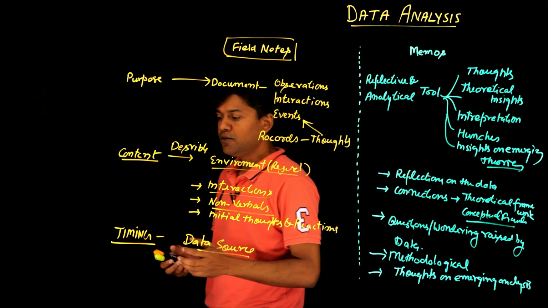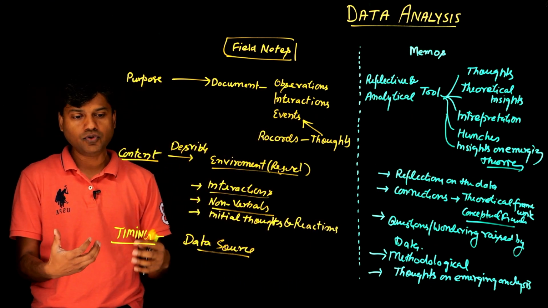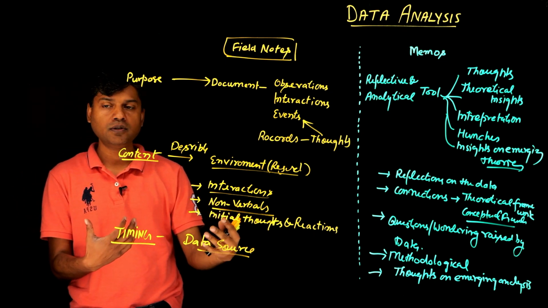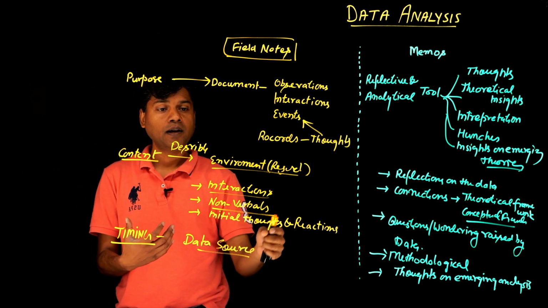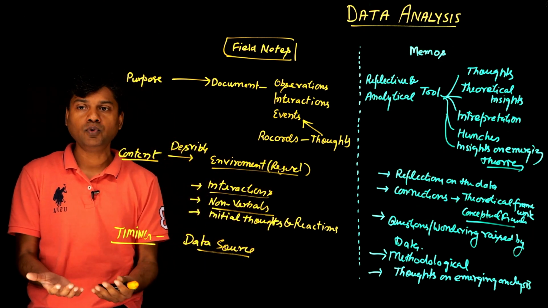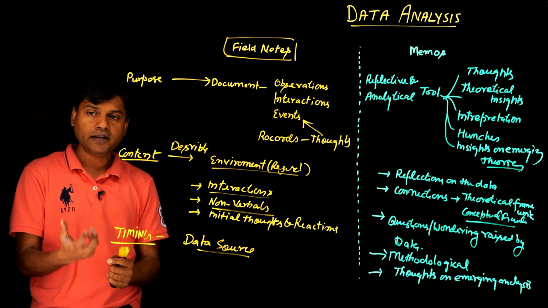In summary, I would say that a field note is something where you record your thoughts and your observations, you describe them when you are out in the field, in the process of collecting data, and it's a data source.